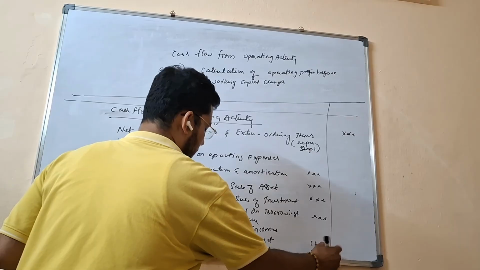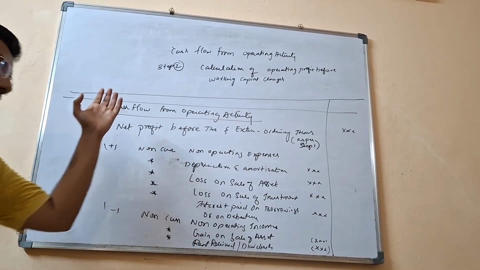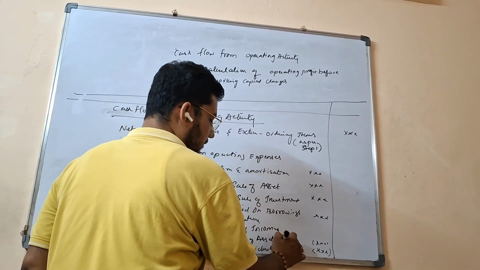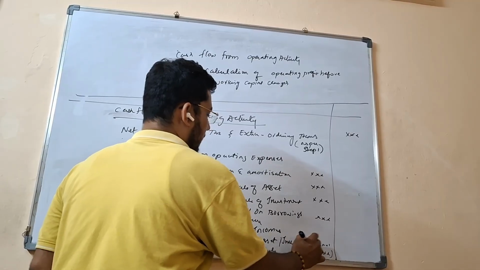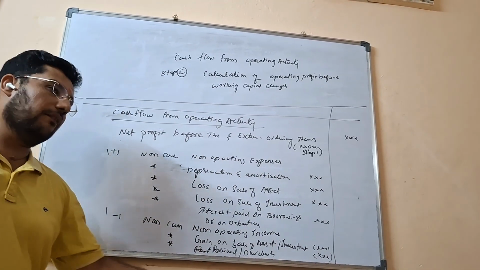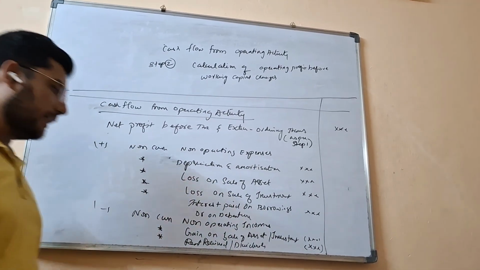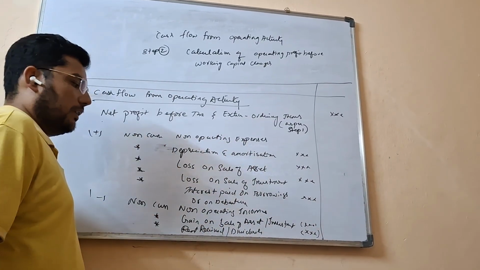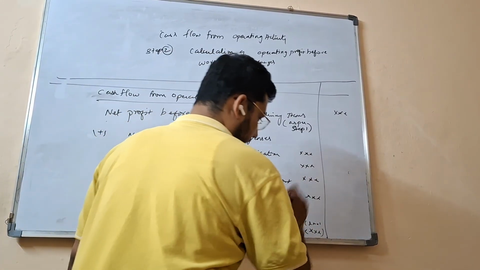Now loss on sale of asset or investment is added, but gain on sale of asset, gain on sale of investment is deducted. Rent received, dividends received are deducted.